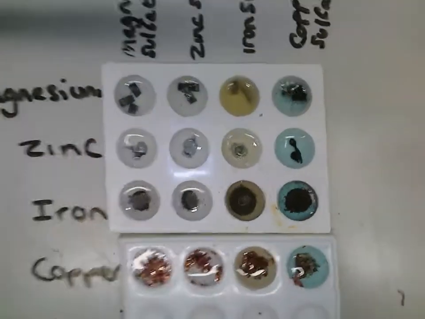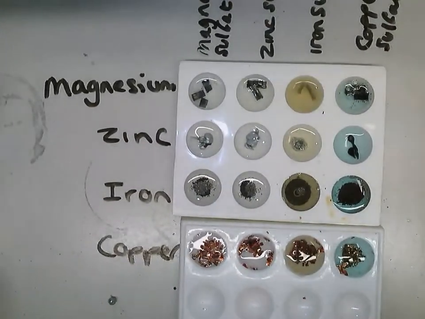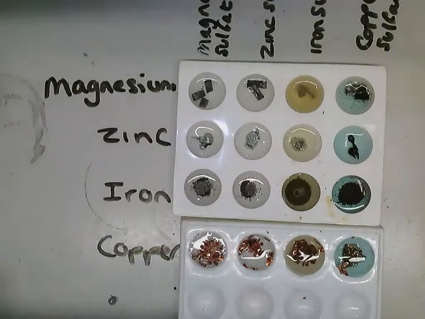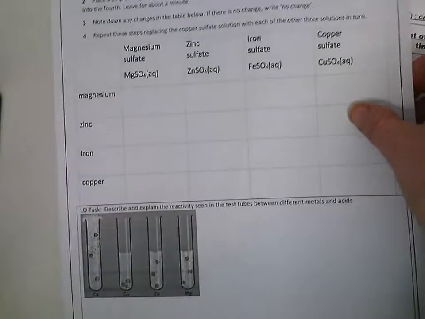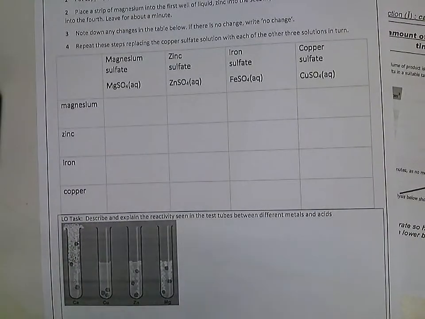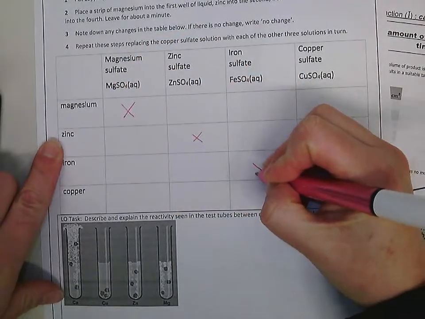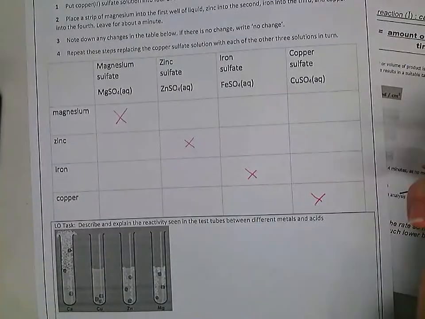So, going through reactivity on your table, what you should have filled in. We should have got magnesium doesn't react with itself, neither does zinc and zinc, neither does iron and iron, neither does copper and copper.